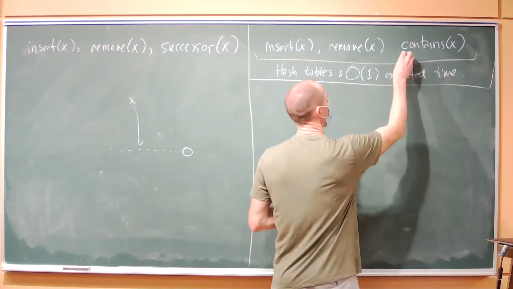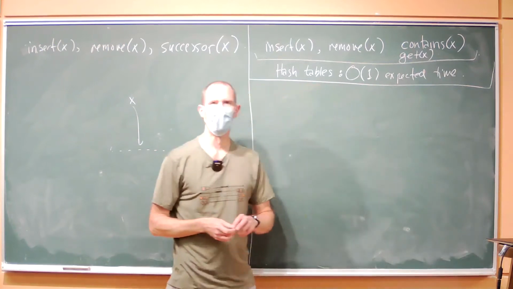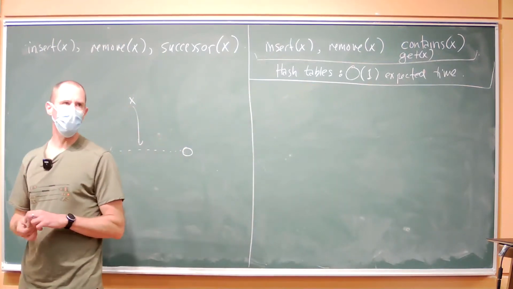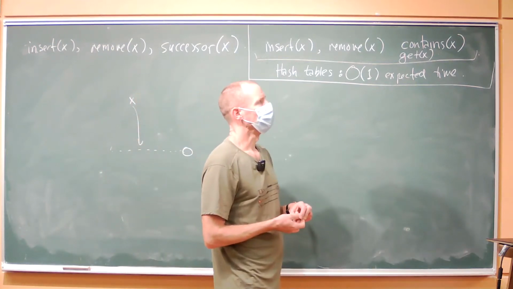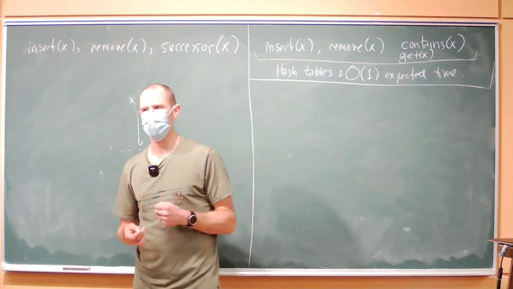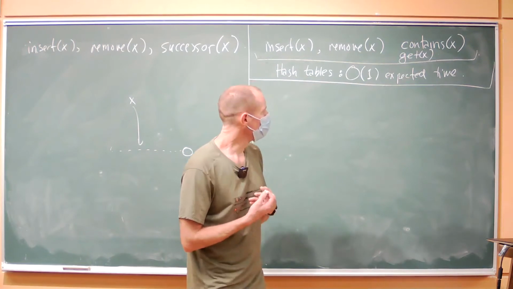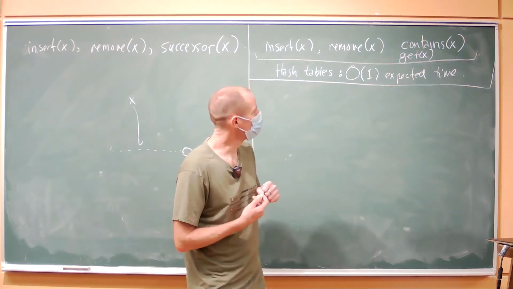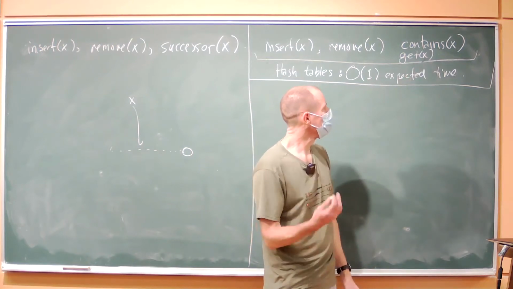But for now, let's just remember we can do these things. And in particular, the one that I'm interested in is the one in Java, what's it called? The map class has a function called get that lets you store values, and then retrieve them. So you store pairs of things. One is called the key, that's the X. The other one is called the value.